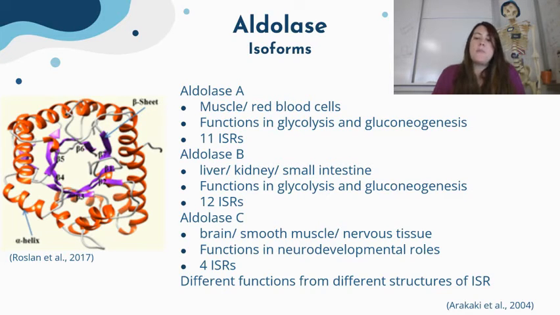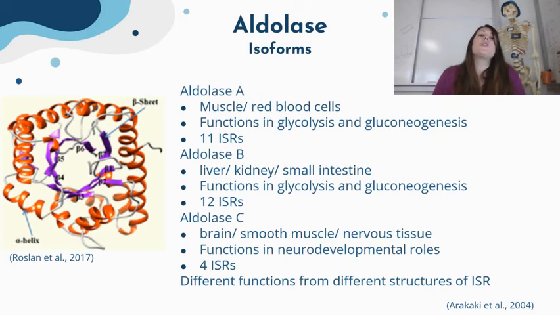Aldolase A and B both function in glycolysis and gluconeogenesis, but the function of aldolase C needs a little further research, but could possibly be a neurodevelopmental role, as it has been found in fetal rodent brain, and its expression is similar to nerve growth factor induced B factor, so NGF1B.